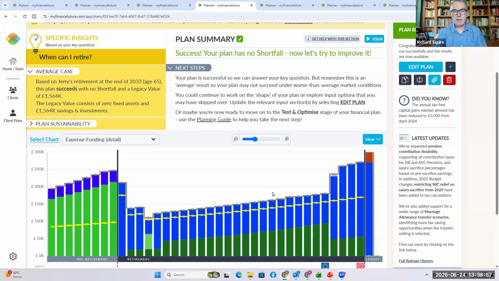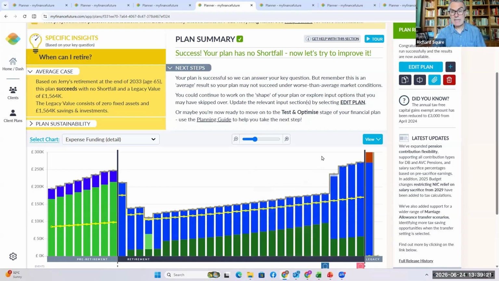Obviously the effect of having more money in Margot's pension and less money in Jerry's, because we took out the tax-free cash earlier, so it didn't grow inside Jerry's pension for as long, plus having the benefit of the 25% tax-free cash in Margot's pension to give us more funds, has created this overall flattening of the profile.